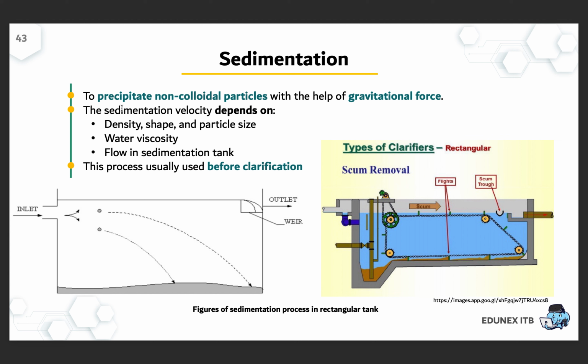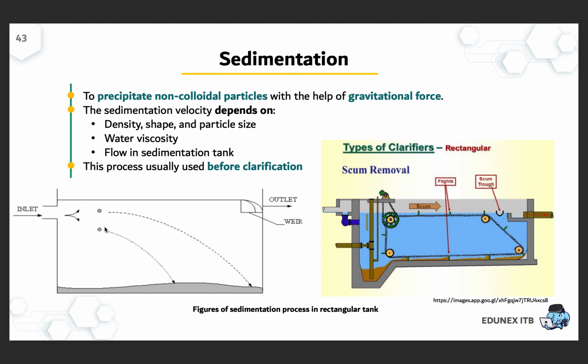In sedimentation, of course, several aspects will affect the separation performance. The most important one is the density of the particles. For example, if you look at the figure here, we have two particles, and the size is quite the same, and the shape is quite the same as well, but the density is different.